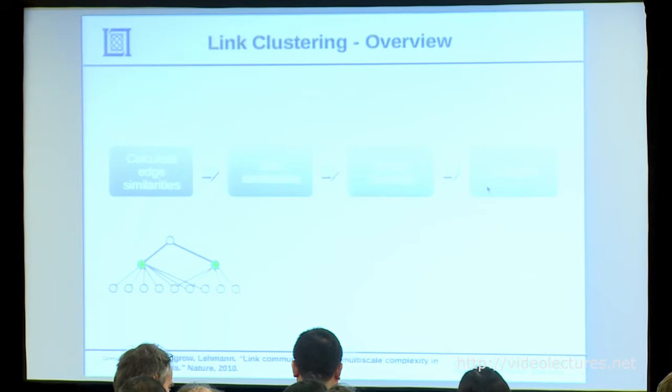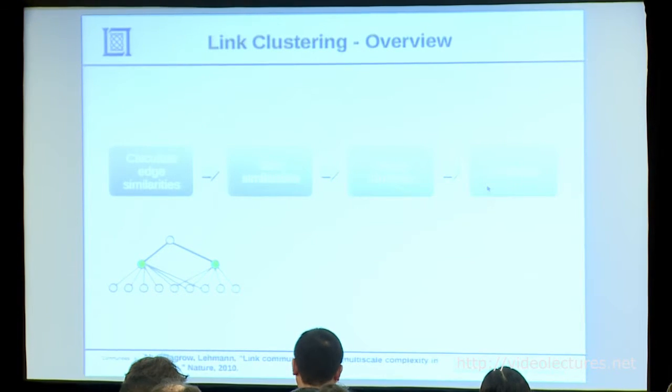To talk about how the algorithm scales, first we want to overview it just a little bit. Again, this is not my algorithm. This is just the algorithm that we try to make faster. The basic idea is, first, compute similarity scores for every pair of edges in the graph that are touching each other. Right here is an example of what I mean by edges that are touching each other. So compute all of those edge similarity scores.